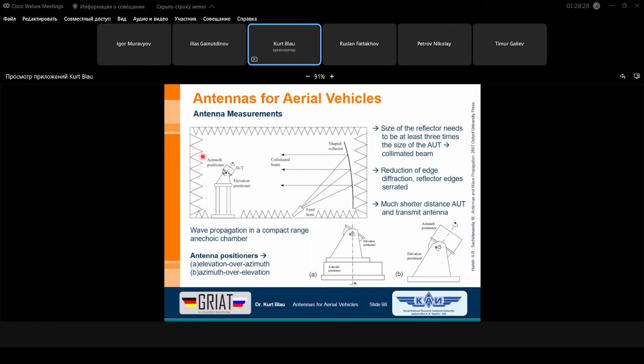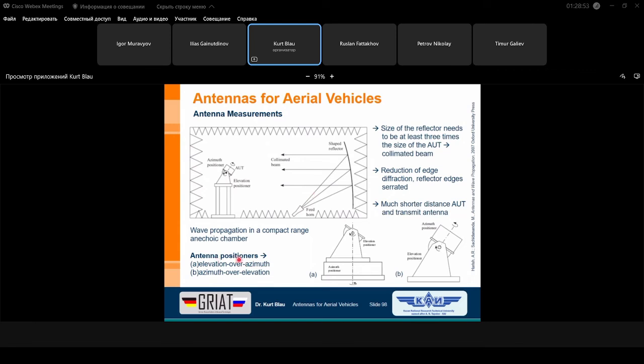And here, our measurement system for the antenna under test consists of a positioner, and this positioner allows us to turn the antenna in the elevation plane, this plane, or it turns the antenna in the azimuth plane. And it's shown here in more detail.